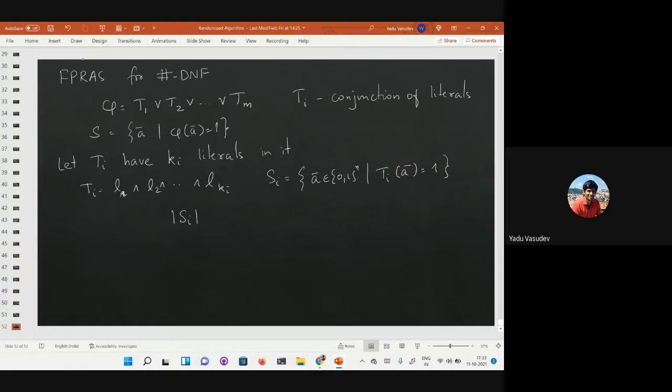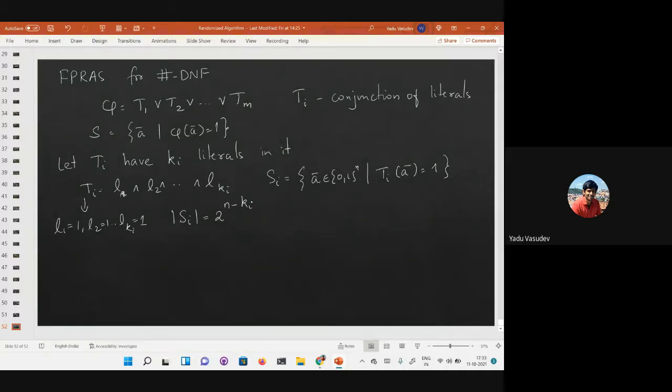The only way in which you can satisfy Ti is if you set L1 to be 1, L2 to be 1, and so on till LKi to be 1. The remaining variables you can set in whichever way you want. That will not affect the satisfiability of Ti. So the cardinality of Si is 2 power n minus Ki.